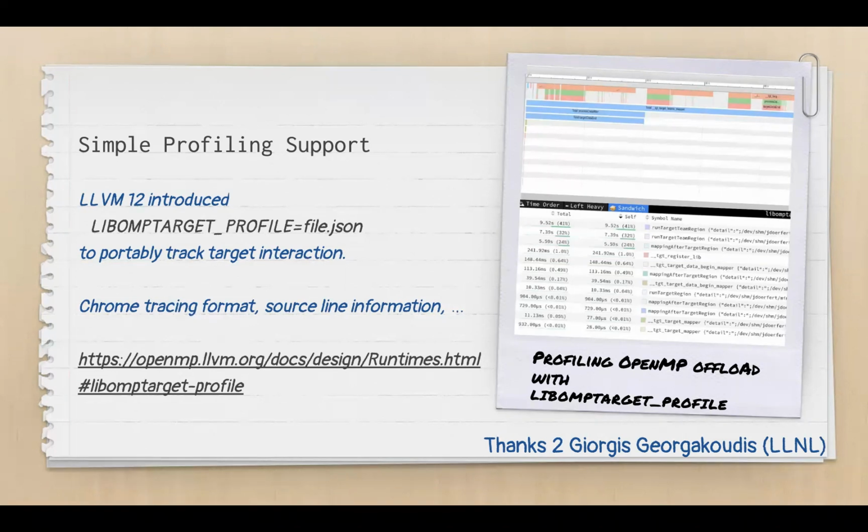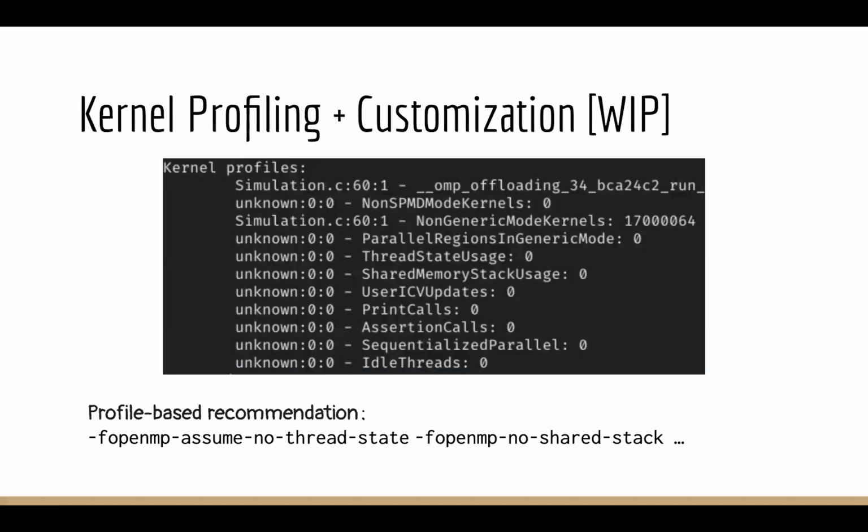And we're currently working on an addition to this host profiling, which is kernel profiling. It kind of works, but it's not upstream, and we still have to figure out a couple of things.